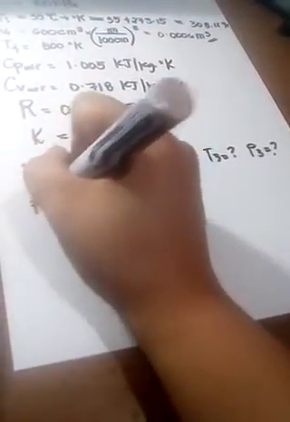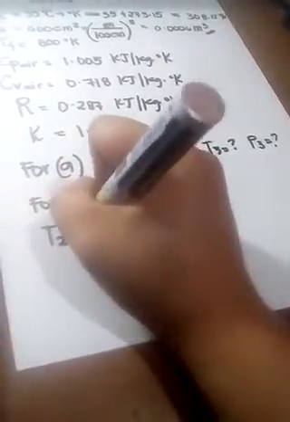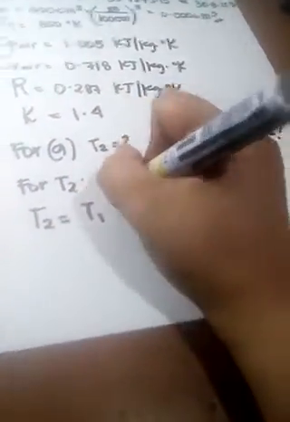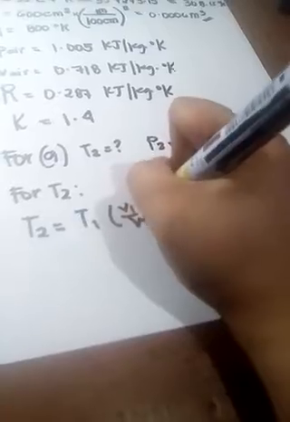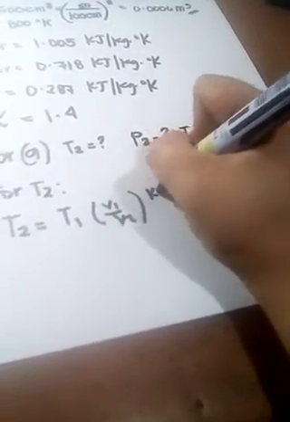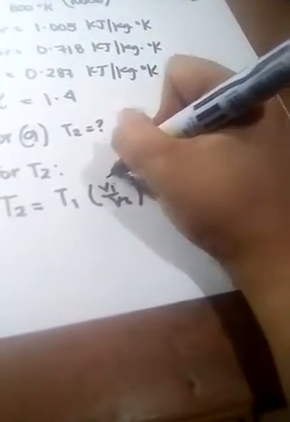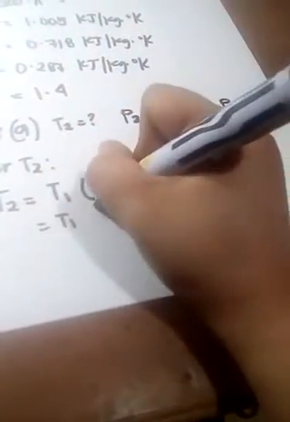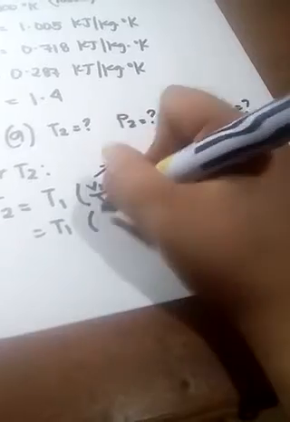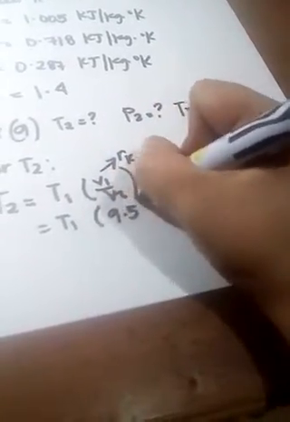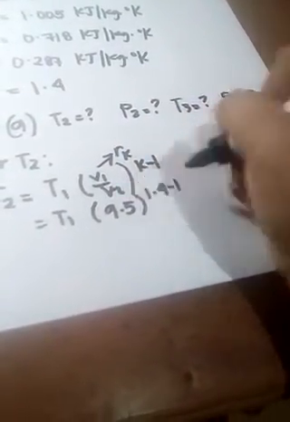First for T2, we're going to use this formula: T2 equals T1 times V1 over V2 raised to K minus 1. And we know that V1 over V2 is equal to RK. Therefore, T2 equals T1 times RK, which is 9.5, raised to K minus 1, where K is 1.4 minus 1.